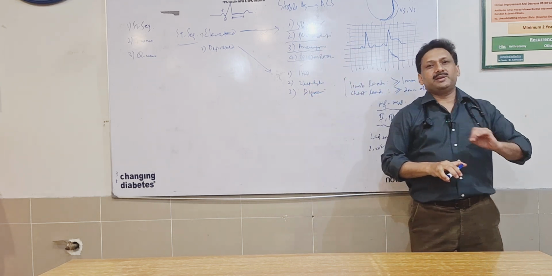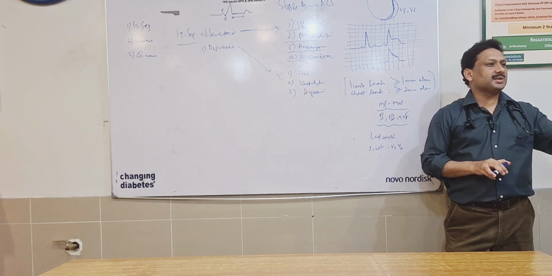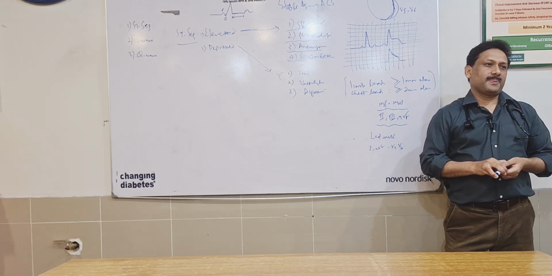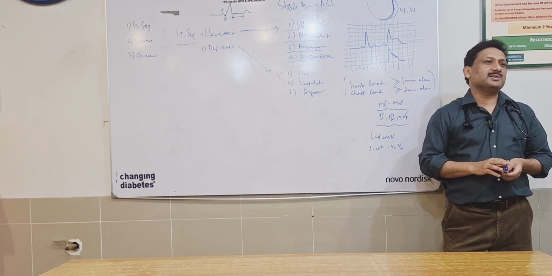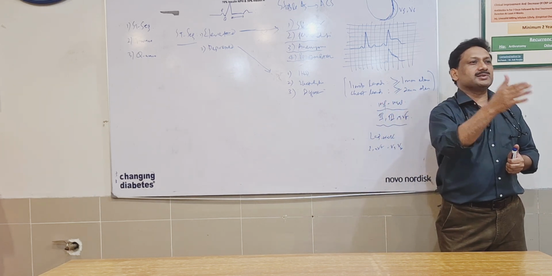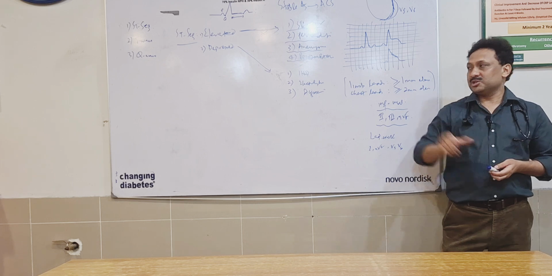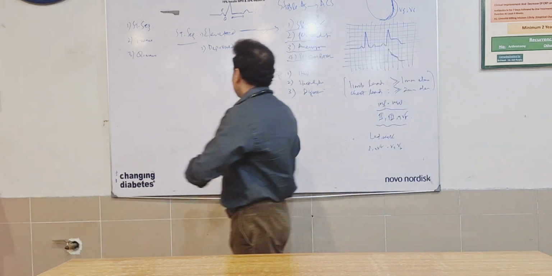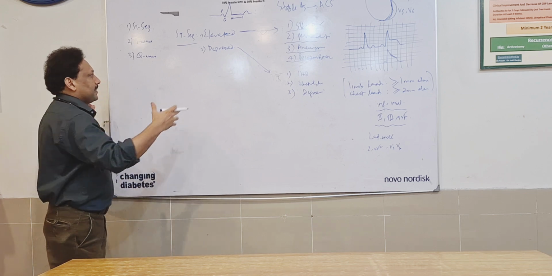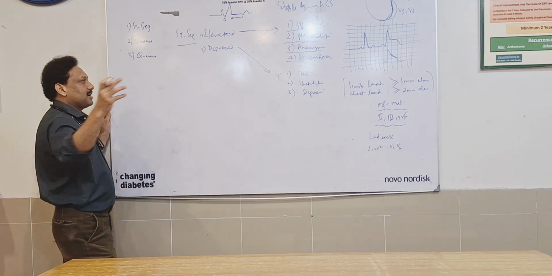Now the next important thing: how a person goes through different stages as far as the ST segment is concerned when he or she suffers from myocardial infarction. Just focus on these 5 stages. A person has typical myocardial infarction symptoms.